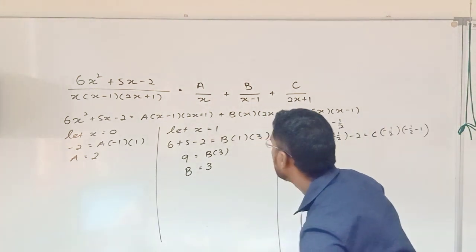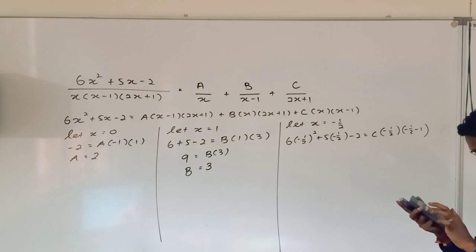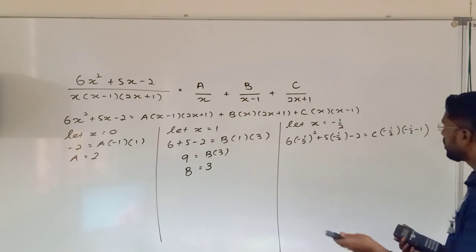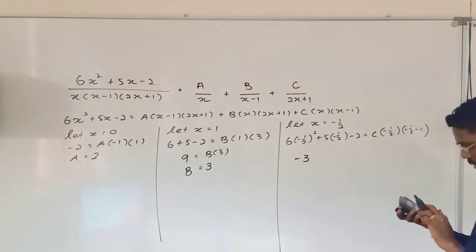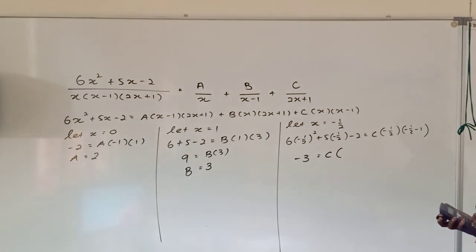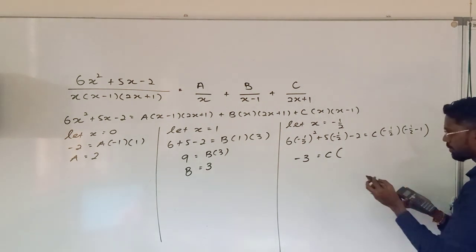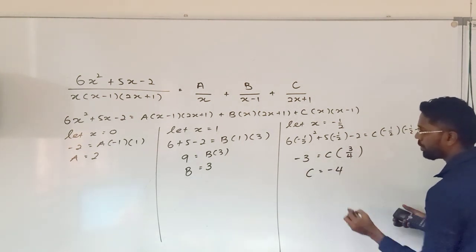Therefore, here is going to be negative 3 equivalent to c times 3 over 4. Therefore, c is going to be equal to negative 4.